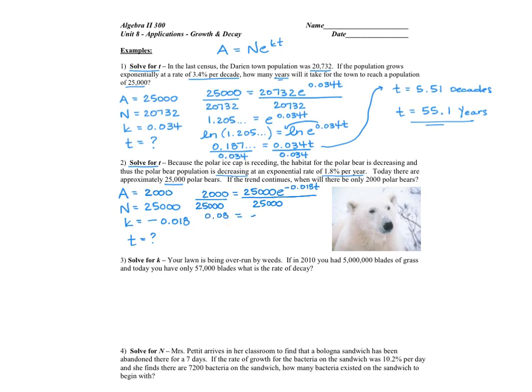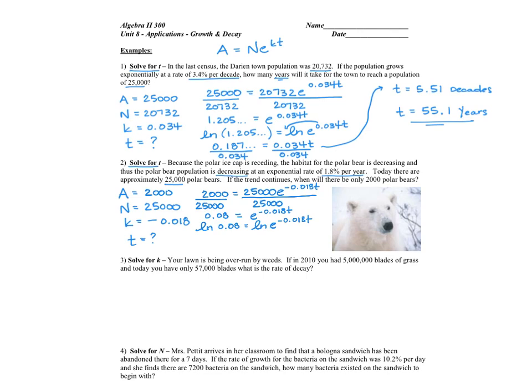And on the right-hand side, I'll have e to the negative 0.018t. Taking the natural log of both sides allows me to eliminate e in the equation.